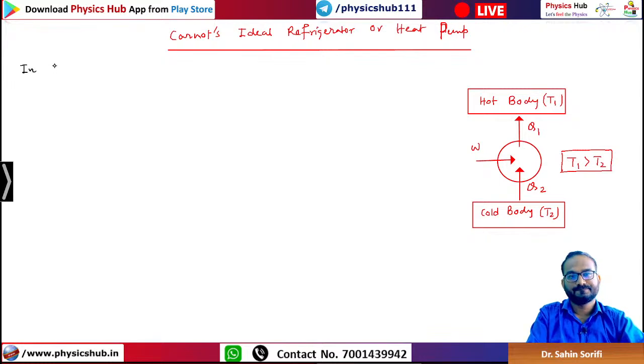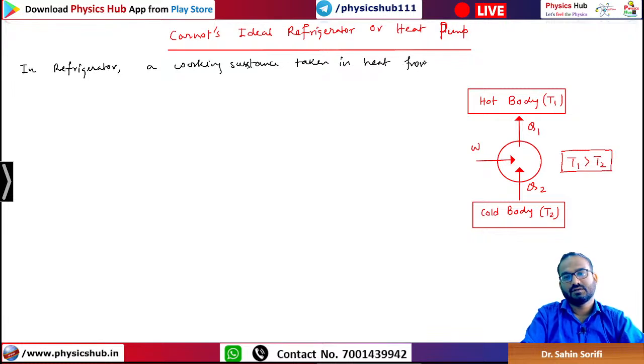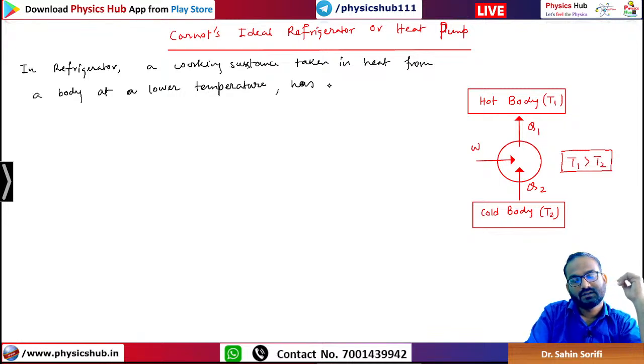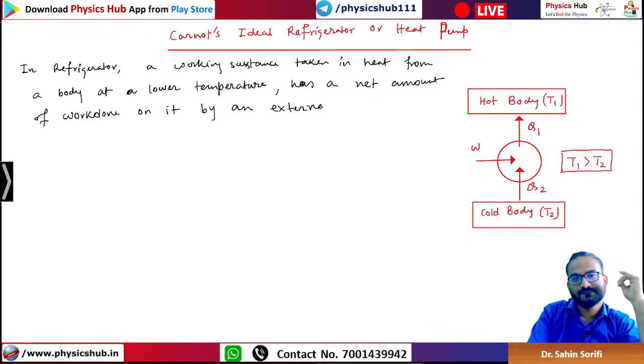In a refrigerator, a working substance takes in heat from a body at a lower temperature as a net amount of work is done on it by an external agent with the help of electricity, and gives out a larger amount of heat.